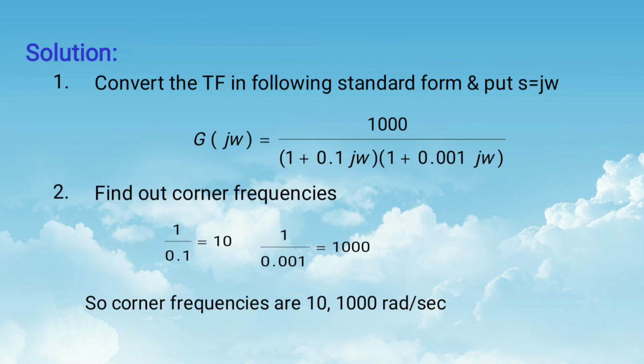So there are two time constants, 0.1 and 0.001, which means there are two corner frequencies. Our first corner frequency is 1 divided by 0.1, that is equal to 10, and the second corner frequency is 1 divided by 0.001, that is 1000 radians per second. So the corner frequencies are 10 and 1000 radians per second.